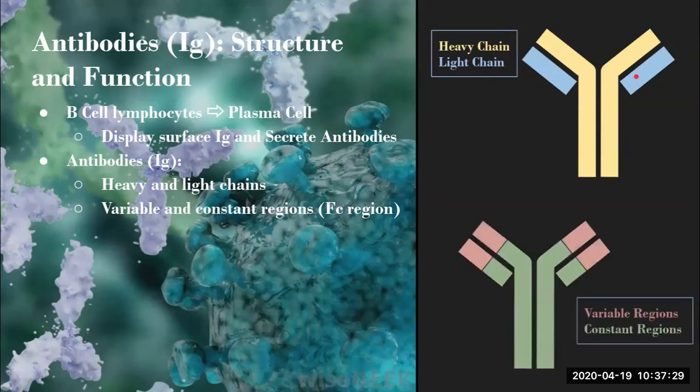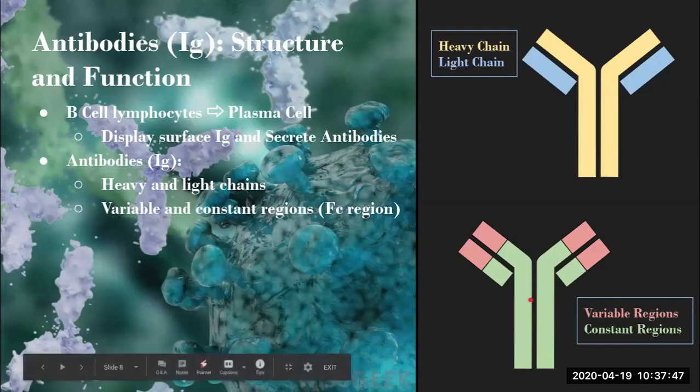You can look at the variable and constant regions of that same molecule in a different way: these terminal ends here are the variable regions, and the more centered areas here, which don't change during development, are the structural or constant regions. And this very bottom portion down here is what we would consider the Fc region.